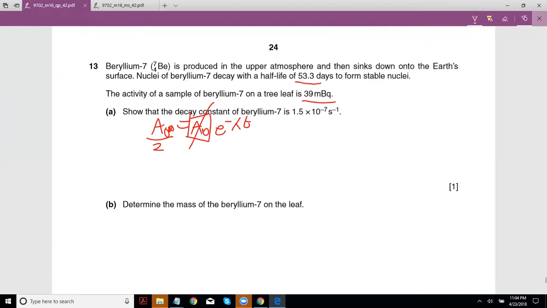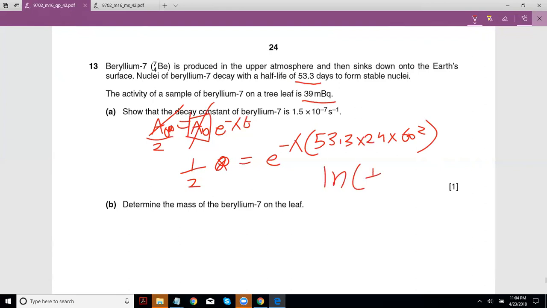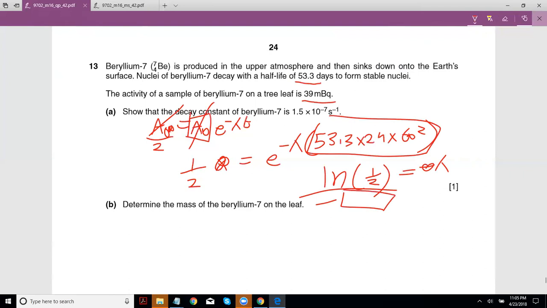You can cancel this, so half equals e to the power minus lambda t, and the time is 53.3 into 24 into 3600 seconds. Then take ln, so ln half equals minus lambda times all of this, and you just divide to get lambda.